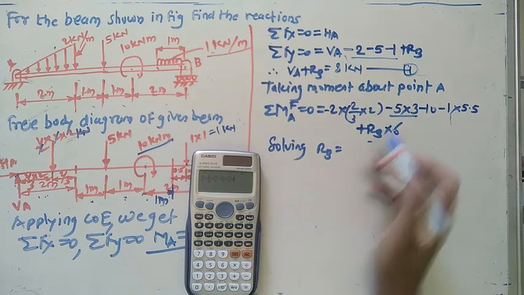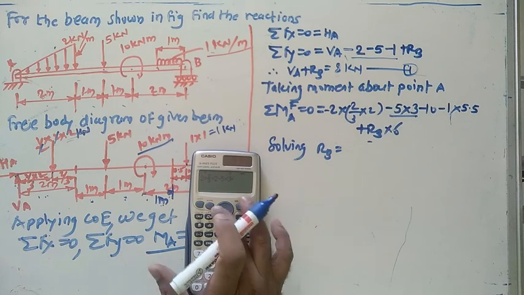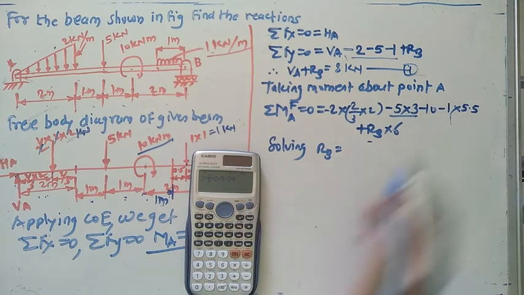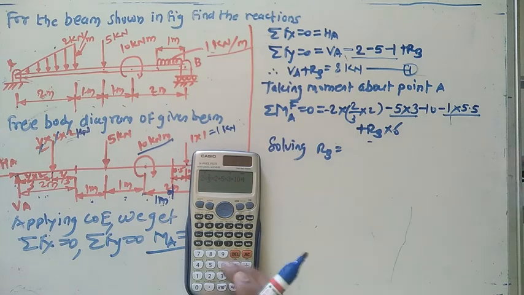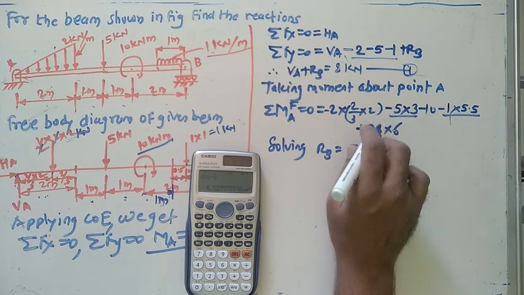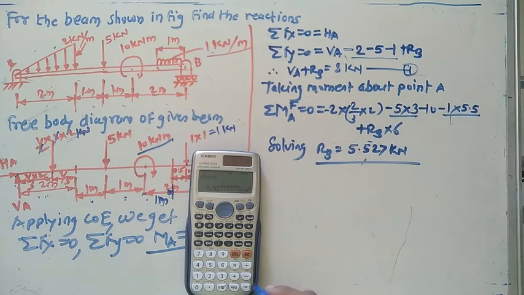The sign should be given because all the terms go to the other side, plus sign. So RB equals 5.527 kilonewton.